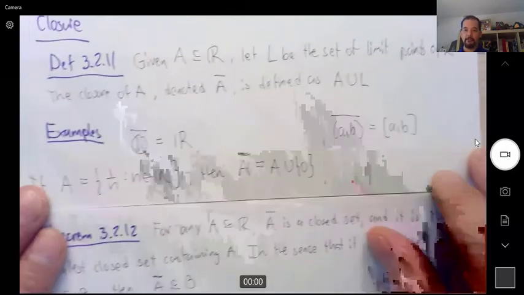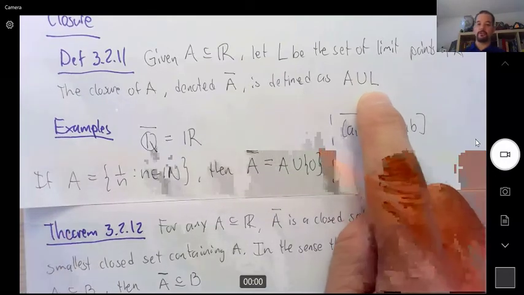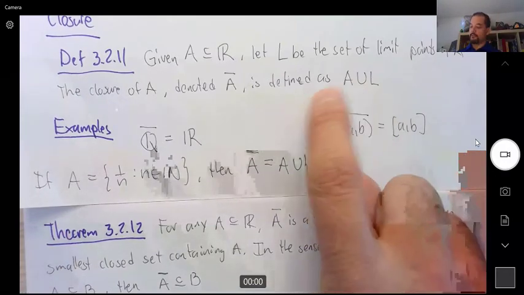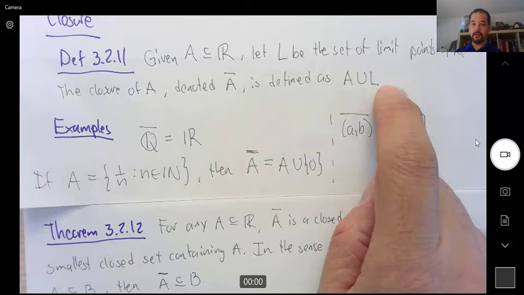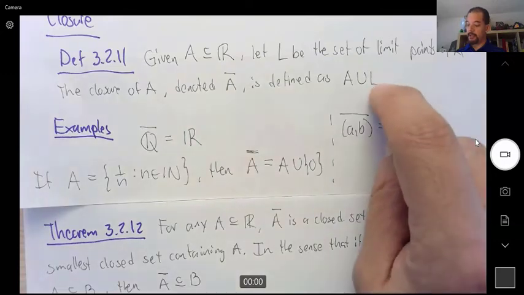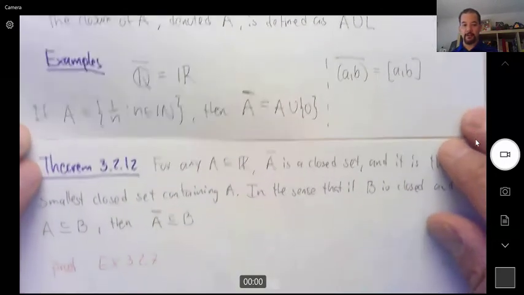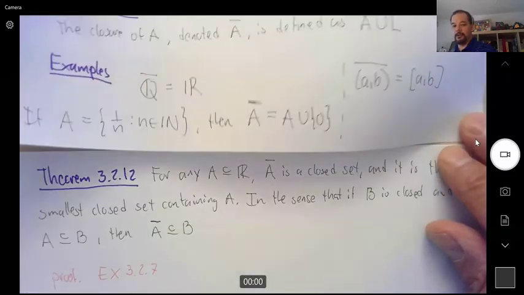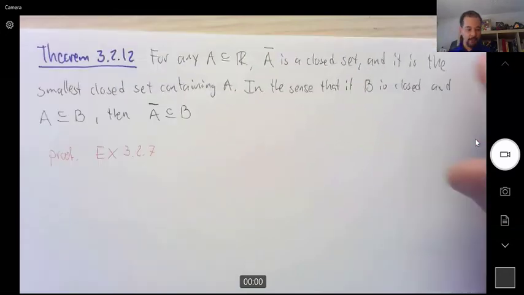Every limit point of A is good because you added them. So the only thing you need to consider is, what if by adding L, there are newly created limit points of A union L? What if there are some limit points of the limit points that weren't in here to begin with? That doesn't happen, but you need to check it, and that's really the only difficulty of the proof. So I won't go into that.